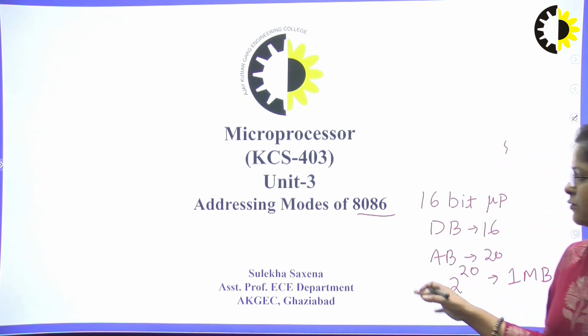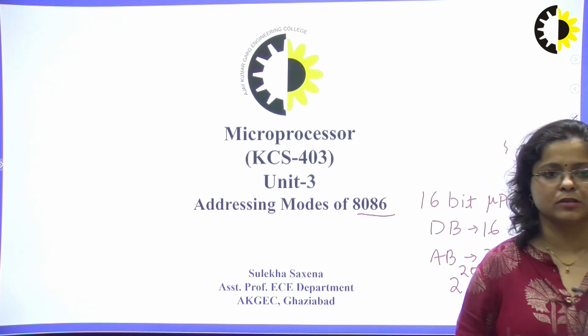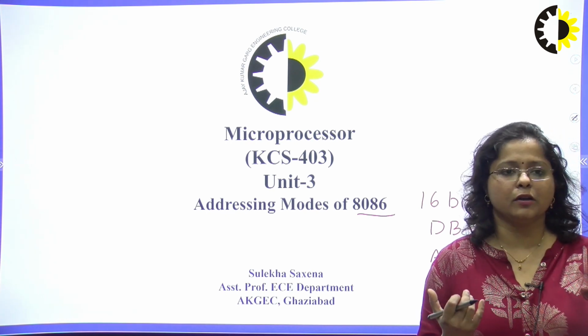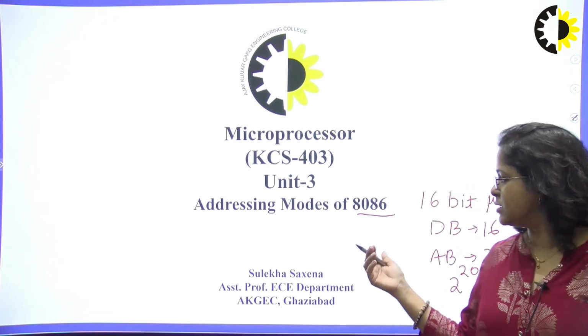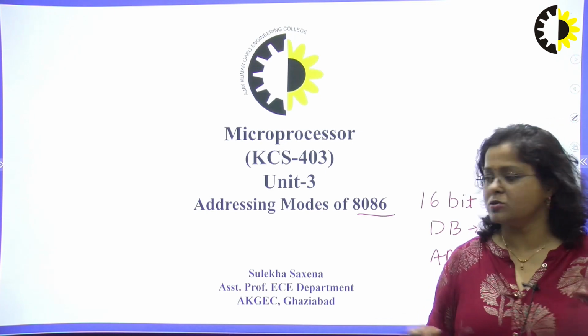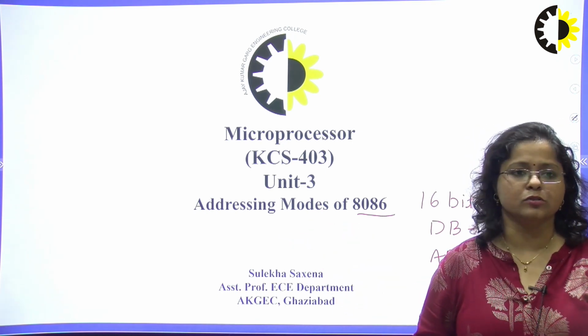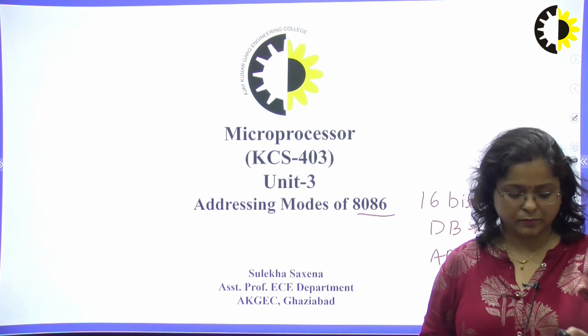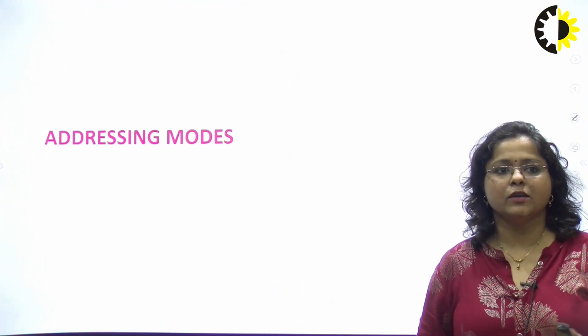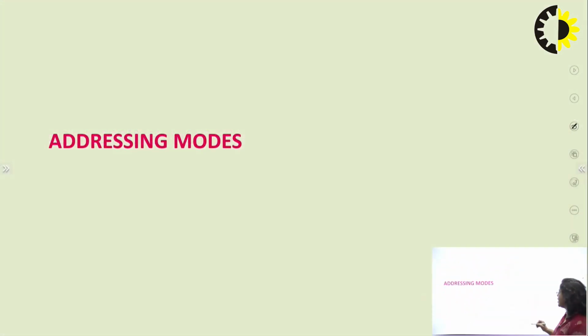The way in which the 8086 fetches or takes data from memory constitutes the different types of addressing modes. So, addressing modes are basically used by a microprocessor to address data from memory.